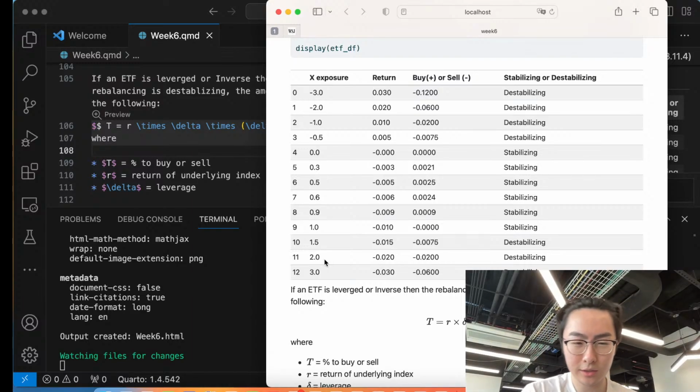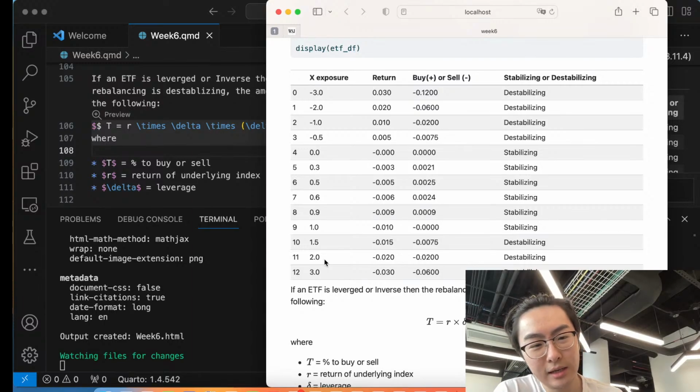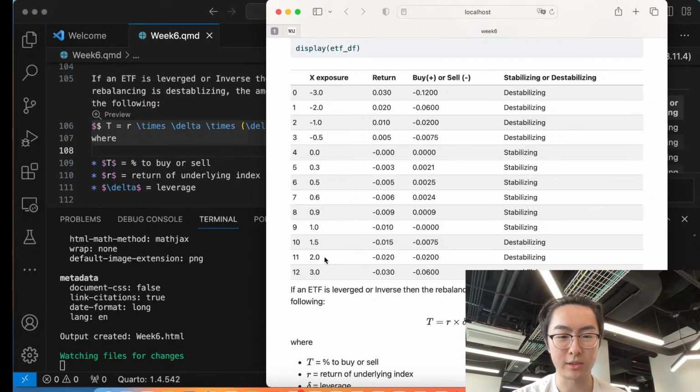Okay, so maybe there is some kind of economic theory behind this. Really, when you're going long 200% in the index, you have 100% and then an extra 100%. So you already have 100% of your index built into your 200% exposure.